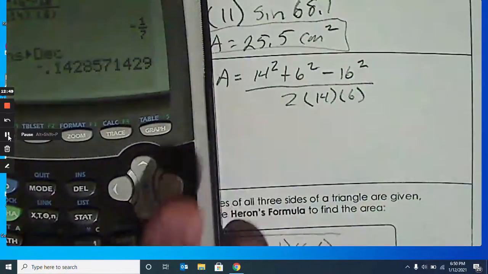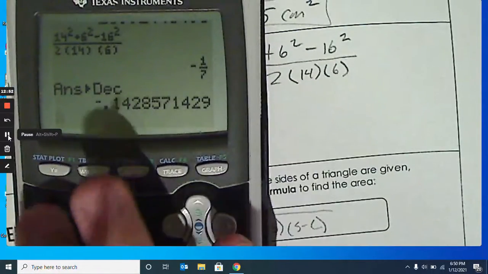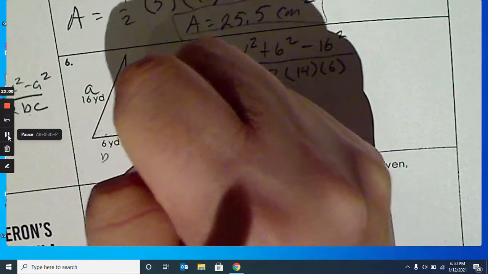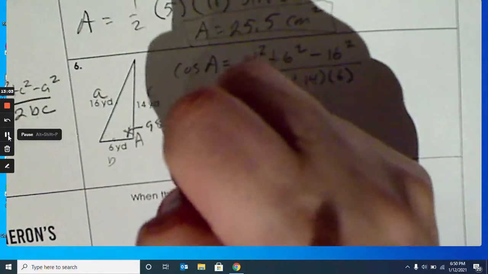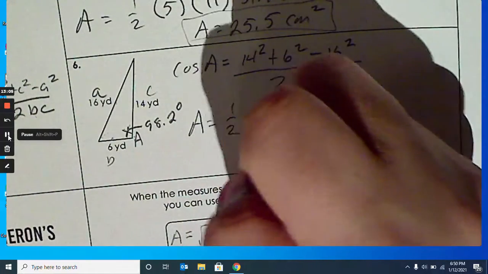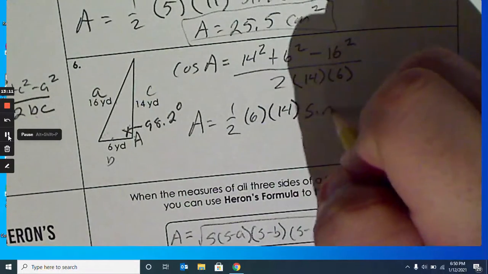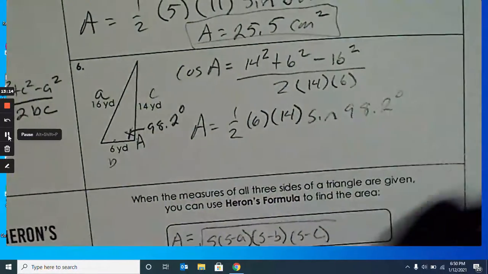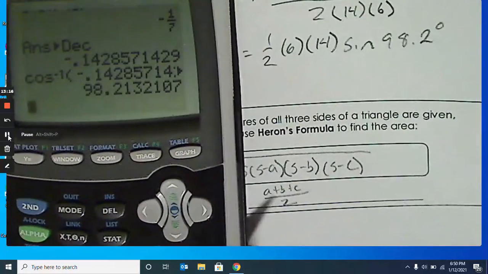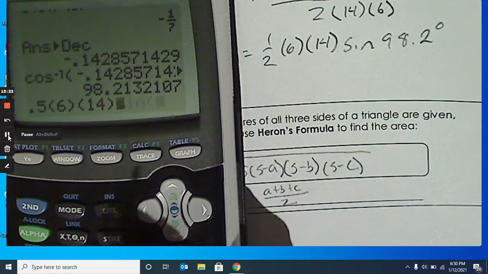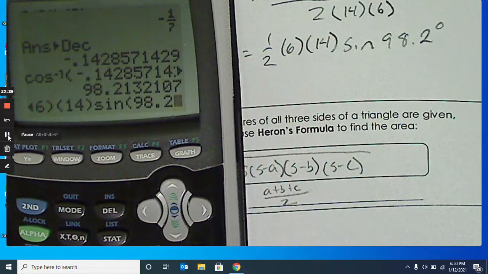And then I'm going to do the cosine inverse of that number. So I get it's 98.21 degrees. And then I'm going to do my area. So again, 1/2 the two sides times the sine of the included angle. Kind of like that. And the area is about 41.6.